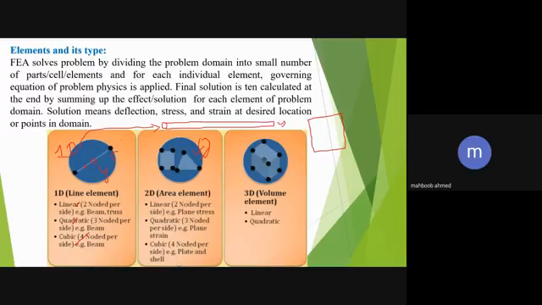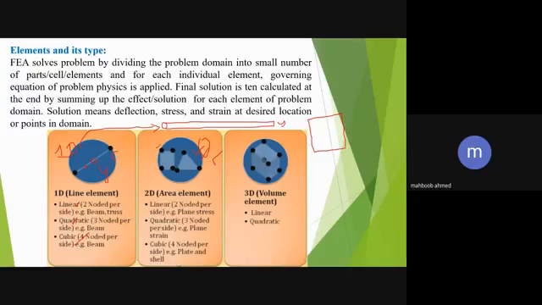In a similar way, your planar or 2D elements can be in triangular form or rectangular form, and in some cases you can have polygonal elements also. They can also be linear, quadratic, and cubic, and even of higher order.